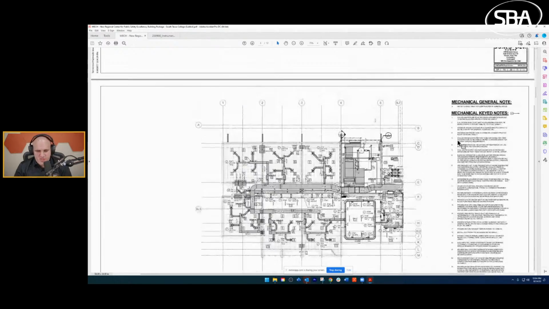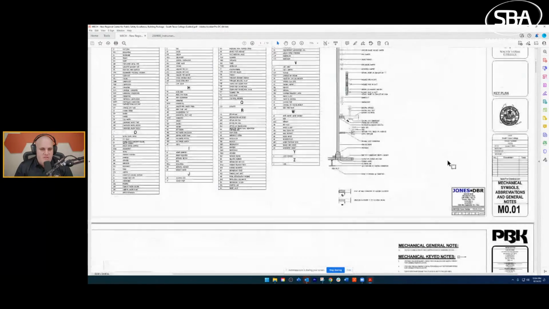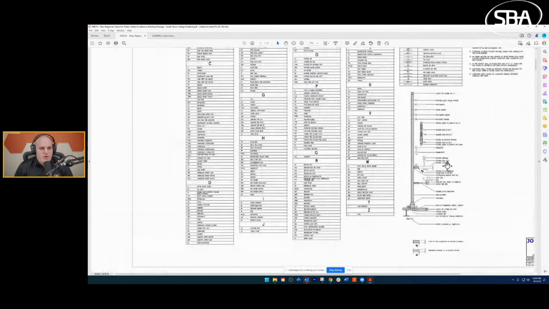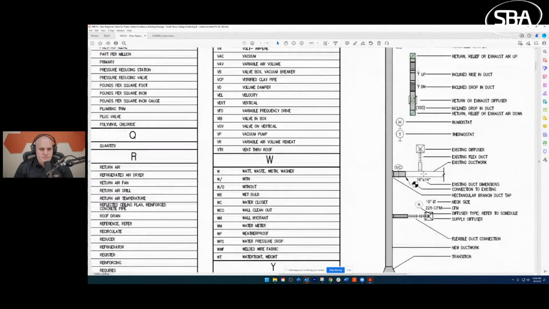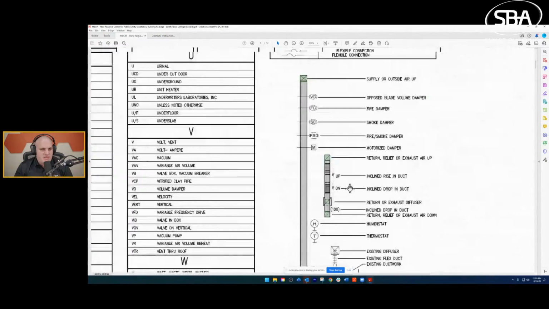First things first, we've got a mechanical plan on here. We're going to go front to back, starting with the front page of mechanical. What you'll typically see is a symbol listing as well as an abbreviation listing. It tells you what these symbols mean, and these are the representations of the symbols.